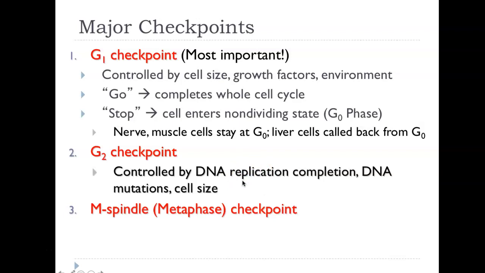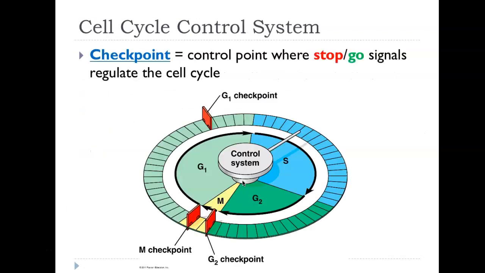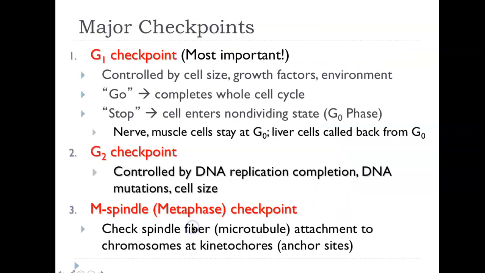All right, and then you have the M checkpoint. Notice in the picture at the top of page 117, or I'm going to actually go back to it. Notice where the M checkpoint is. It's right in the middle of mitosis. So what the M checkpoint is doing is making sure that the spindle has formed correctly. And you guys know from cell bio that you have the centriole.